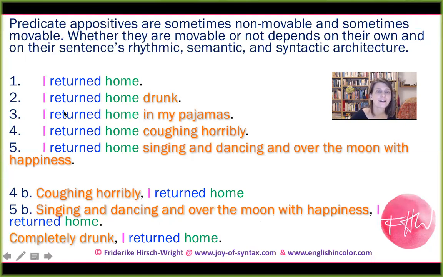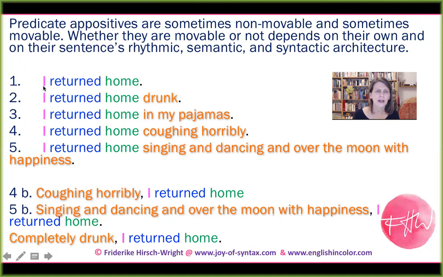So instead of saying I returned home drunk, I returned home, that really sounds like inversion. It sounds a little bit forced, but if I say completely drunk, I returned home, it starts sounding good. So please take note of that. And then sometimes front shifted, or especially predicate appositives in medial position, don't sound so good when we have a pronoun, especially the first person pronoun.